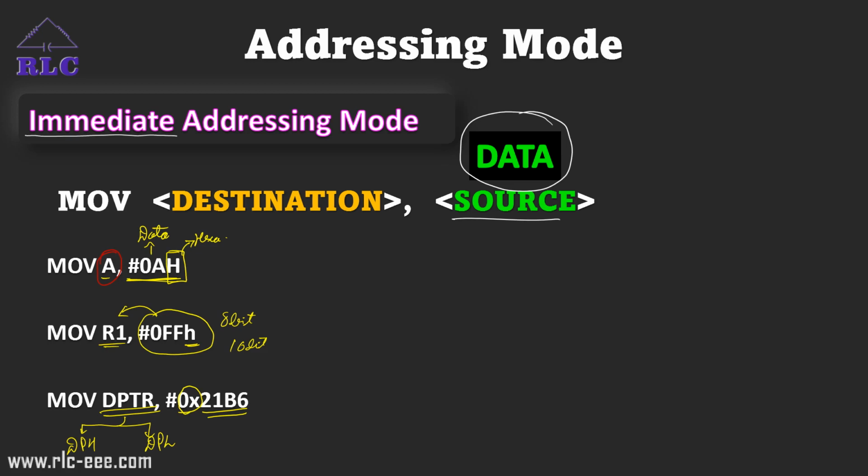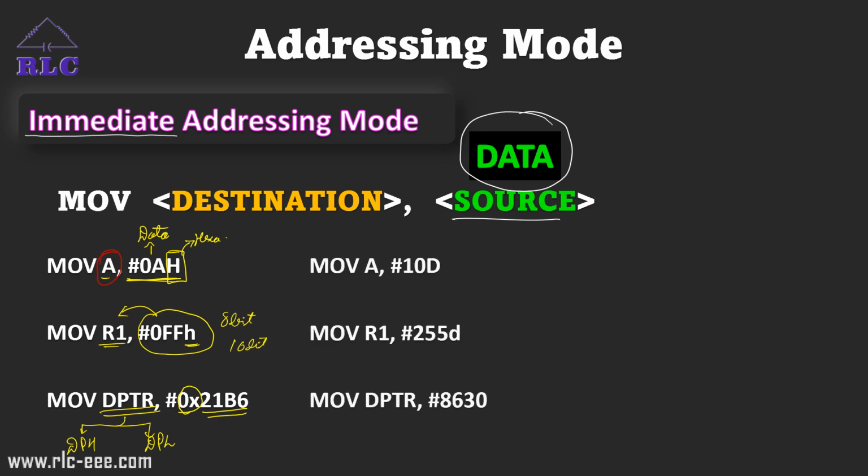It is not that we should pass only hexadecimal numbers. We can also pass decimal values. To indicate the value passed is a decimal number, we'll be using D. We can observe here we have D in this part. It's not that only capital D, we can use small d also.